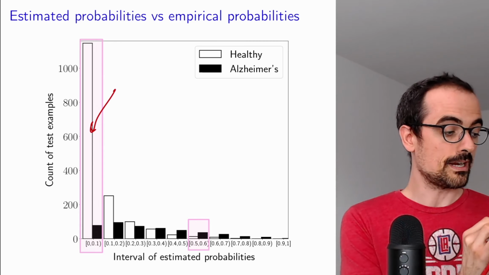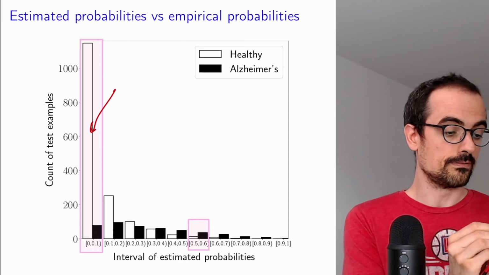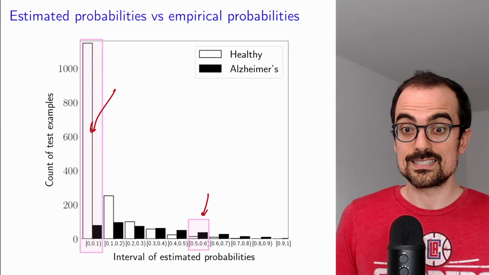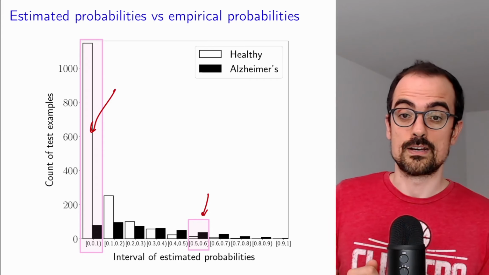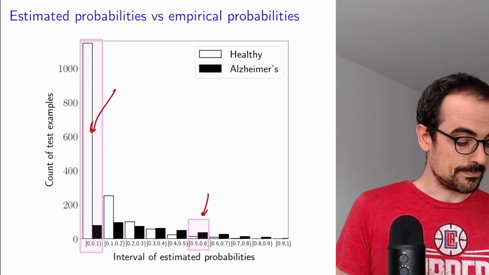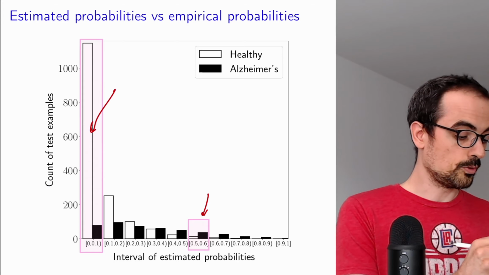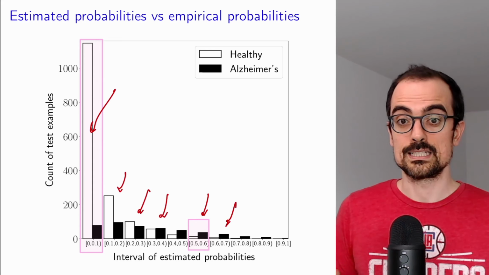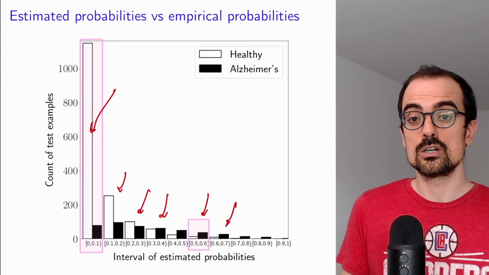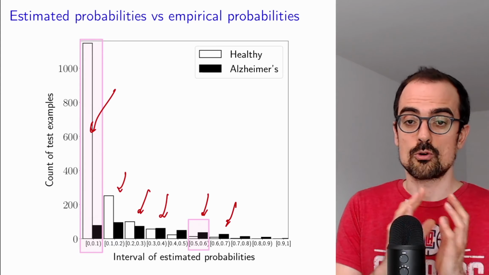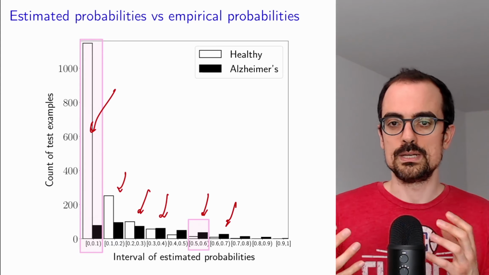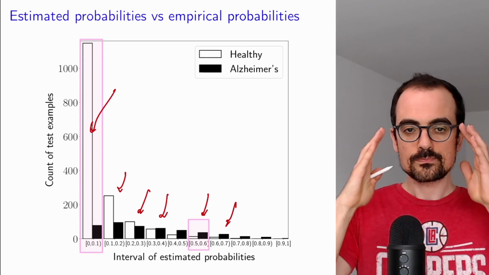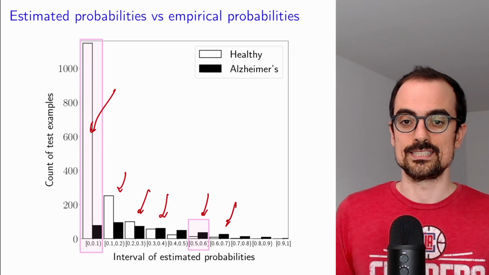Now we can compare the fraction of patients within this group who have Alzheimer's, and hopefully that will be close to 55%. If that happens for all of these groups, then the classifier will be well calibrated, because these estimated probabilities correspond to the empirical probabilities that we observe in the data once we separate the data points according to the estimated probabilities.